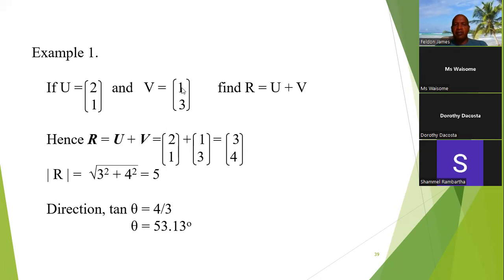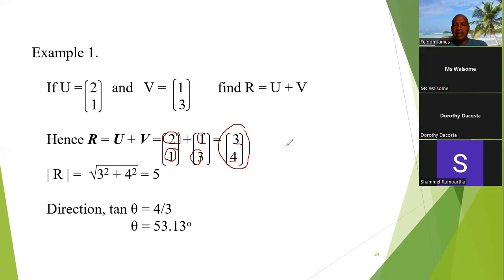So these are the component vectors, but when you add them, you would add their x coordinates: 2 plus 1, you get 3. Then 1 plus 3, you get 4. Now this would give you the coordinates of the resultant vector.